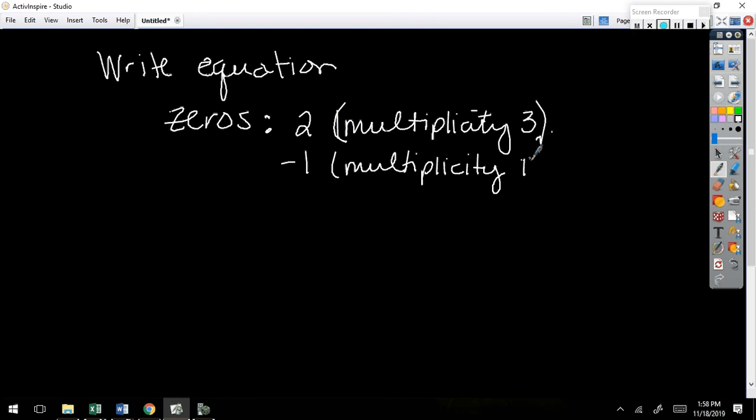Okay, essentially what this means is I've got my zeros, but these are repeated solutions, right? This one's repeated 3 times, this one's repeated 1 time.